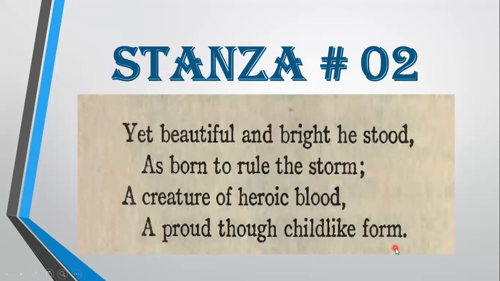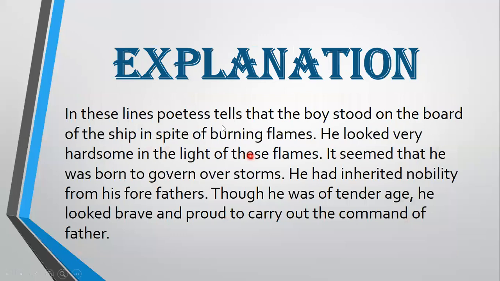Now, the writer is saying कि he is a childlike form. 12 साल का है, he is a child, वो एक बच्चा है, लेकिन the qualities of heroic blood, the qualities of being bold, brave, courageous, and committed, all these adjectives and all these qualities that Casabianca has inherited from his forefathers.